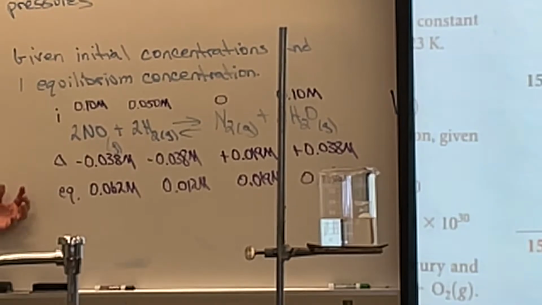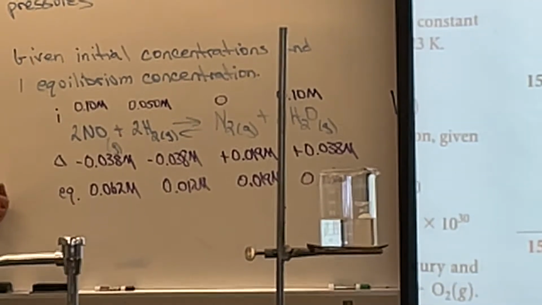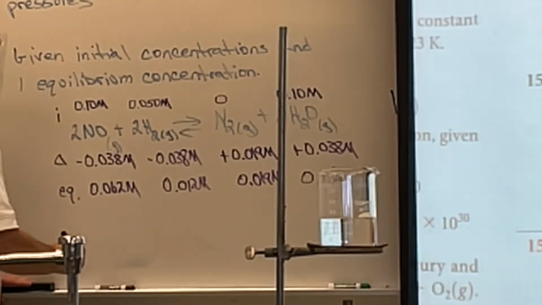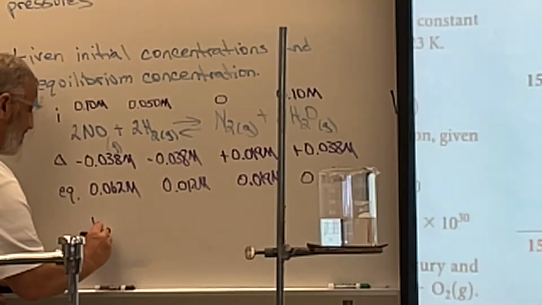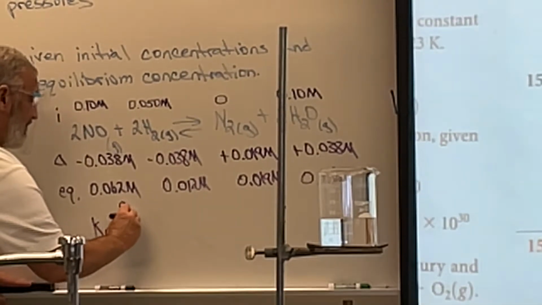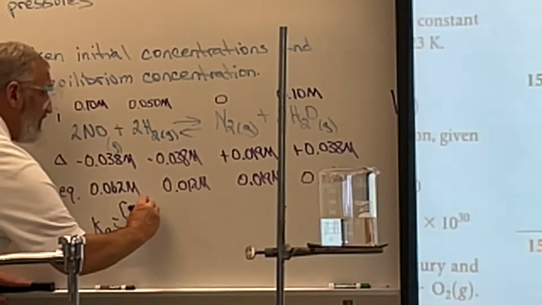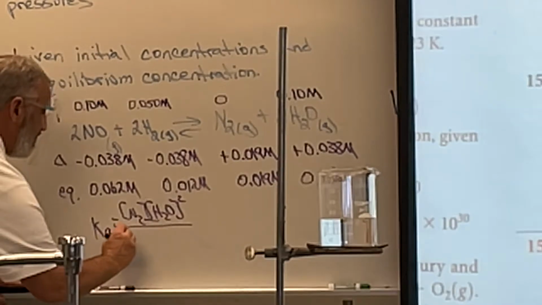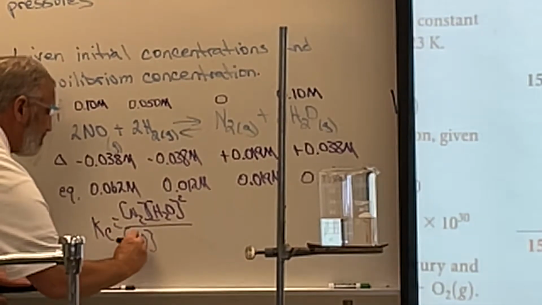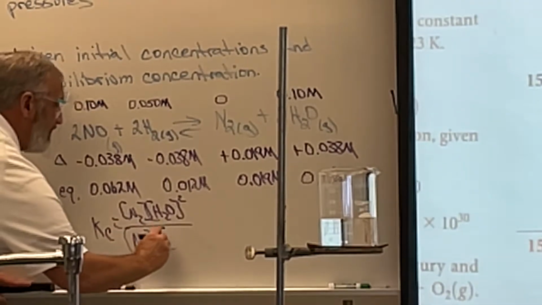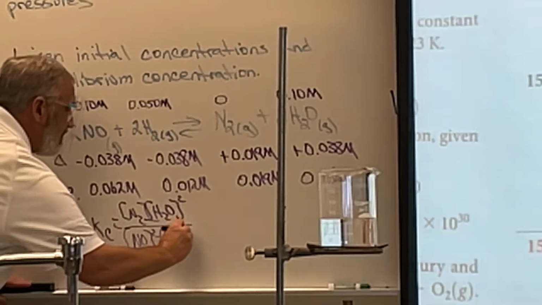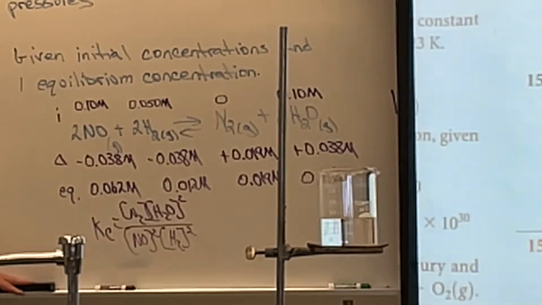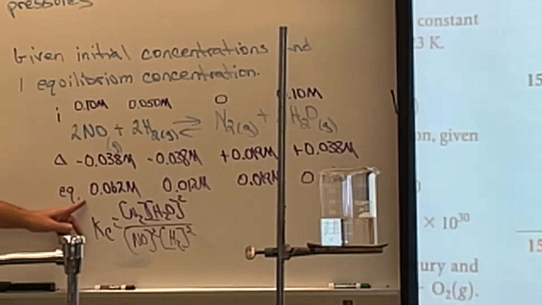Now I have all of my equilibrium concentrations. Now I plug it into my equilibrium expression, which Kc is going to equal N2 times H2O squared over NO squared times H2 squared. Now I just plug in these values.